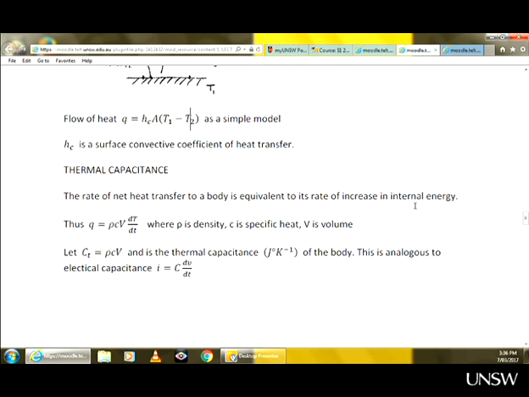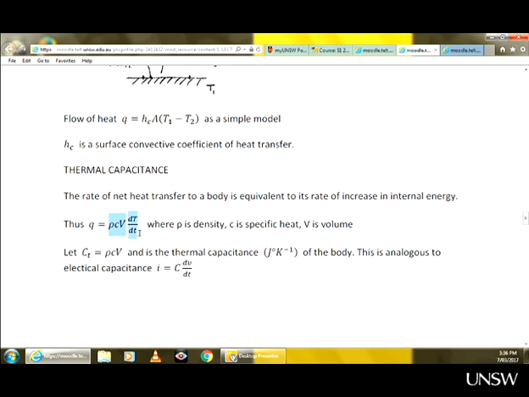Okay. So the rate of change of internal heat is rho C V dT by dt, where rho is the density. Let's assume homogeneous material here. V is volume, so rho V is also equal to mass, so we can say M C, where C is specific heat.